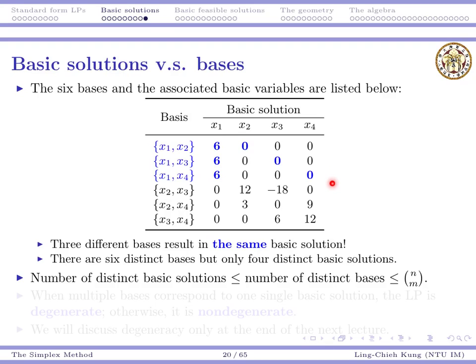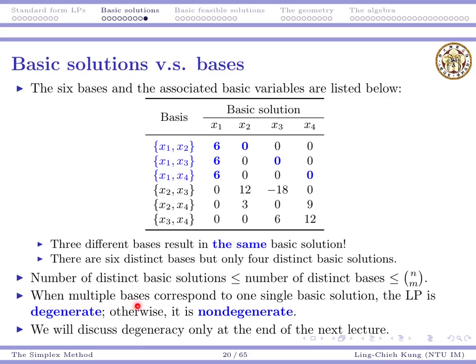That's possible. And again, you cannot predict that in advance. Only after you solve for the values, you can see that happens. So, for this example, there are 6 distinct bases, but only 4 distinct basic solutions. Okay? So, we have the following inequalities. The number of distinct basic solutions is less than or equal to the number of distinct bases, which is less than or equal to n choose m.